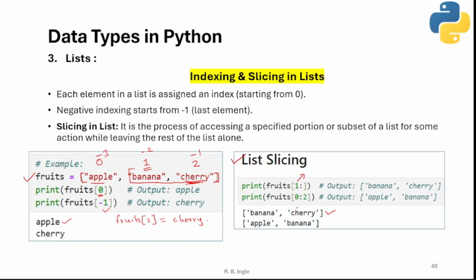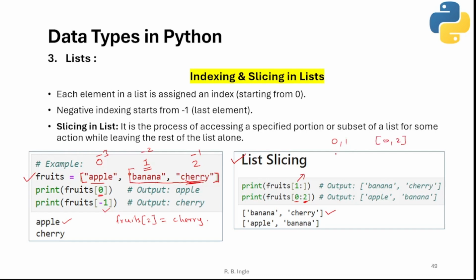If I want to print only the first two elements of the list, then I will write the starting index and the last index plus 1. So the second number in this range is incremented by 1. If I want index numbers 0 and 1, then in the range I will write 0 to 2.